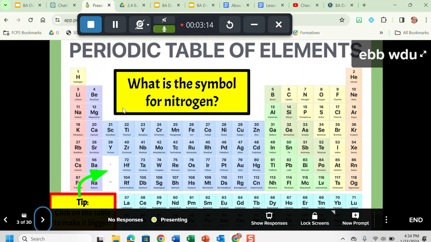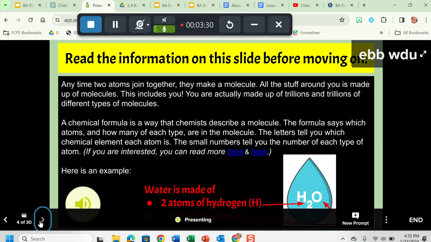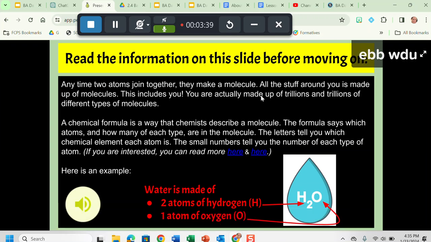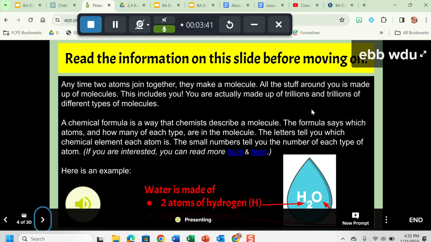Okay, the periodic table of elements, that's what we're looking at here. Nitrogen is one of the elements. It's number 7 over here. The symbol you can see is just N, and that is for nitrogen. Anytime 2 atoms join together, they make a molecule. So you want to read this information before moving on. I'm going to encourage you to go through that Pear Deck on your own, but realize that water is made of 2 atoms of hydrogen, H2.